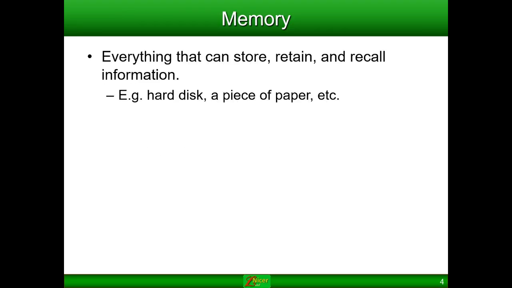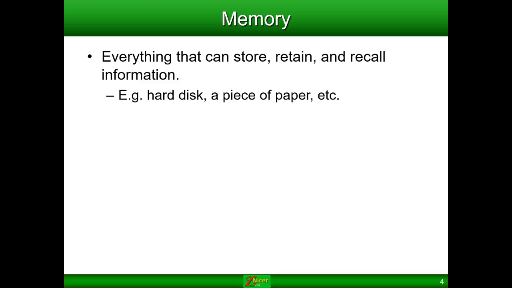Then we have our memory. It is everything that can store, retain, and recall information, such as a hard disk, a piece of paper, etc. And when we are talking about computers, the memory in a computer is of course storing data in digital form, and we can recall the information whenever we want.